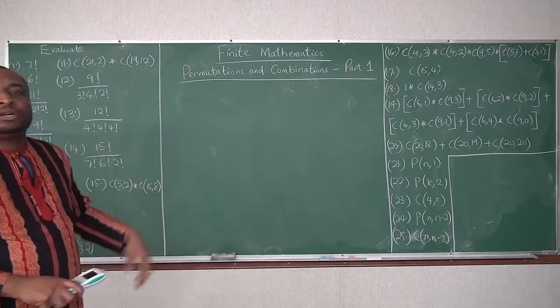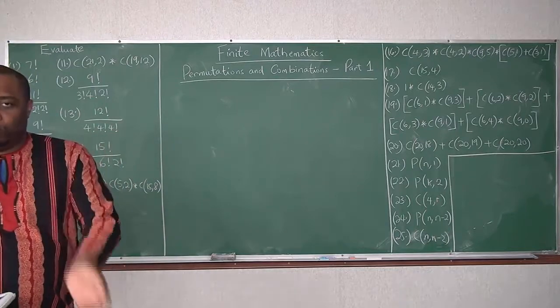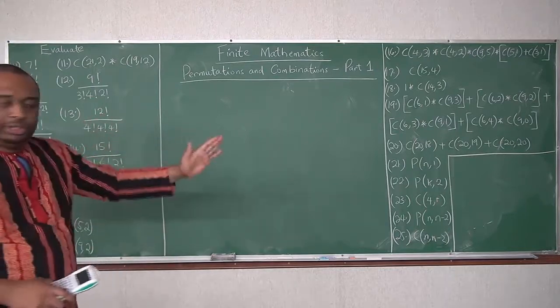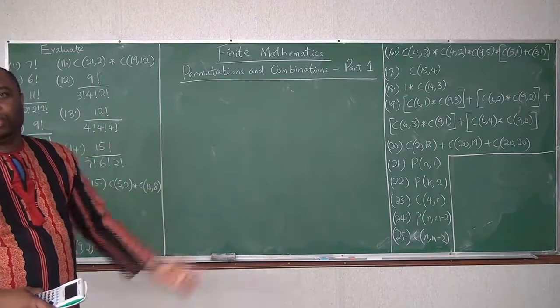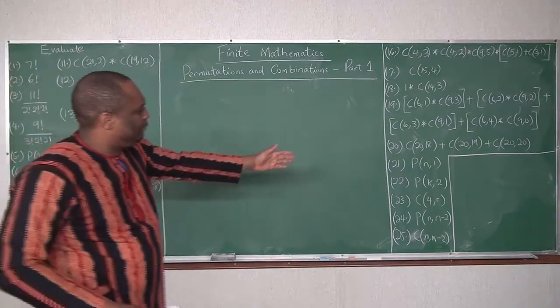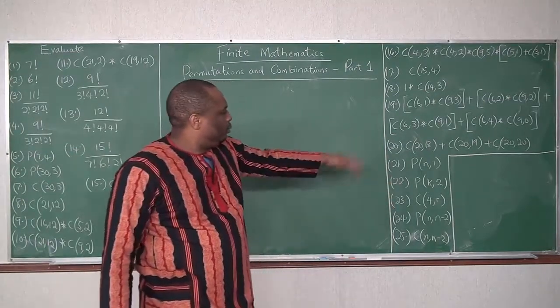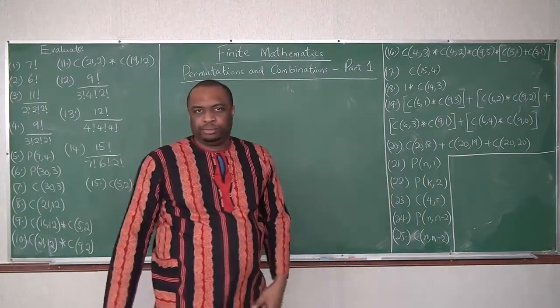If your professor or instructor requires that you show your work, then I'm going to explain it so that you show your work. And then we shall look at some questions, from question 21 to 25. We shall solve them too.